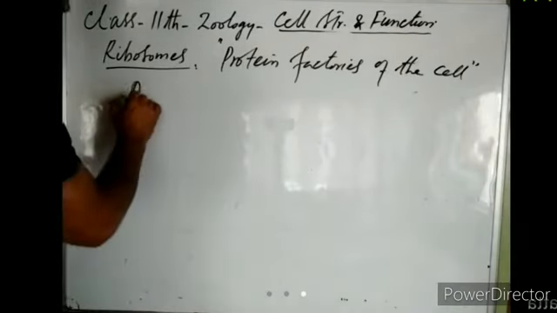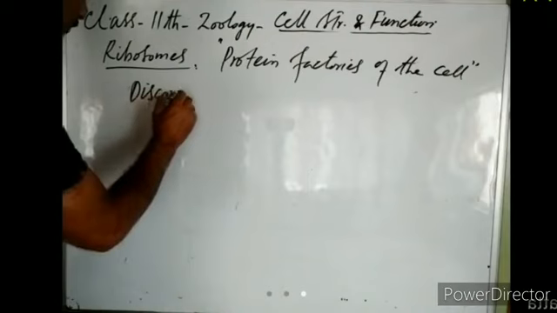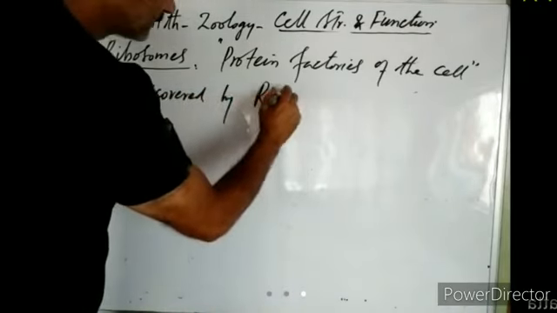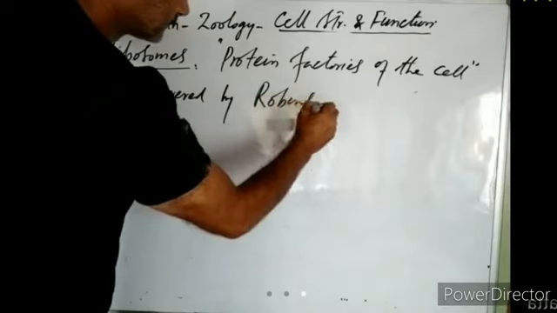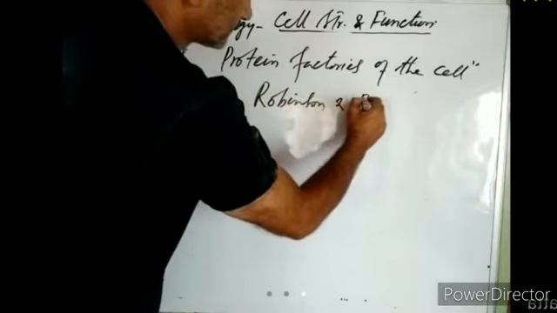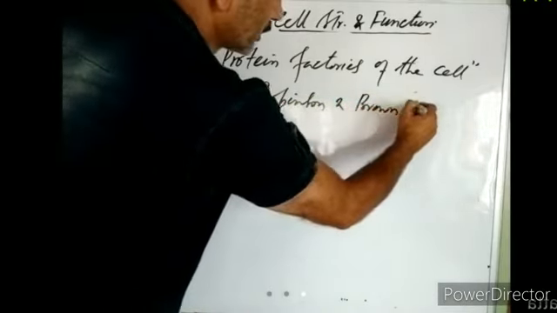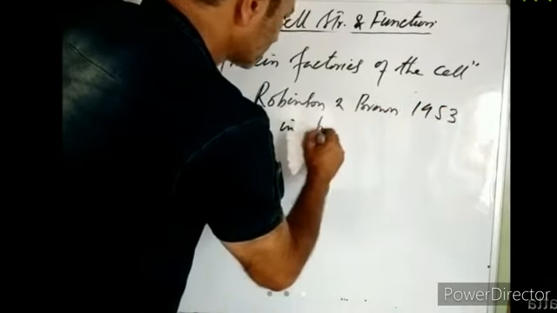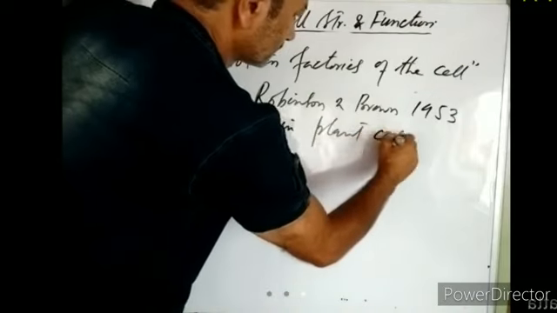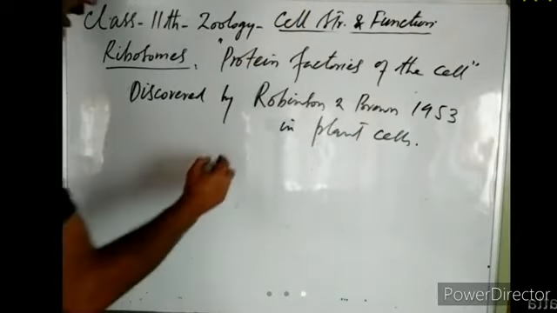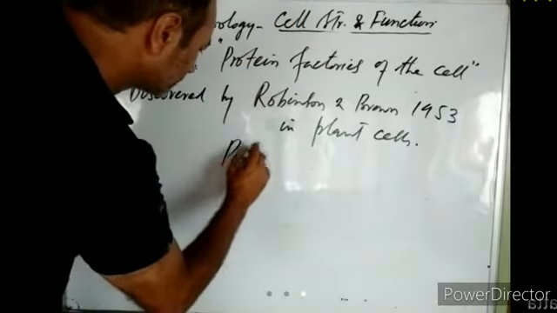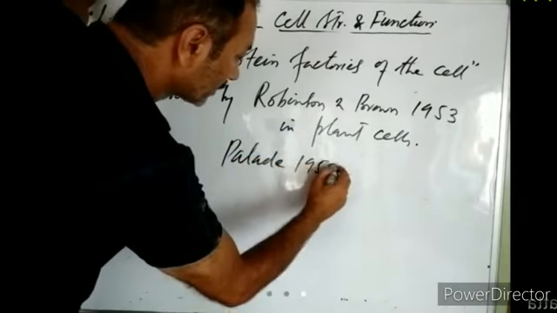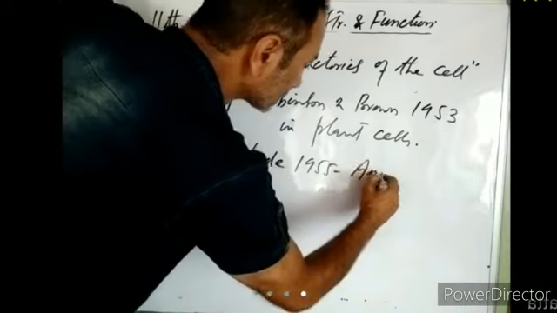These ribosomes were discovered by Robinson and Brown in 1953 in plant cells, and Palade in 1955 discovered them in animal cells.